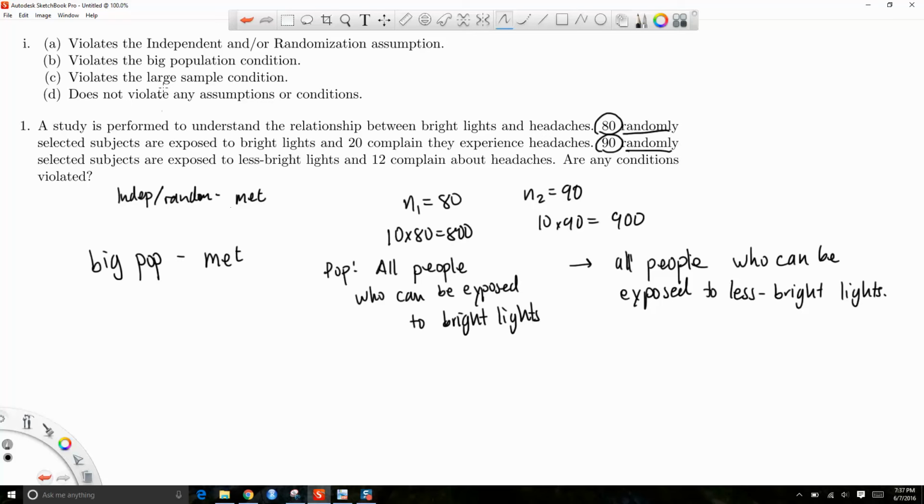And then lastly we have the large sample condition. Either n times p has to be bigger than 10 and n times 1 minus p has to be bigger than 10, or in this case we need at least 10 successes and at least 10 failures.